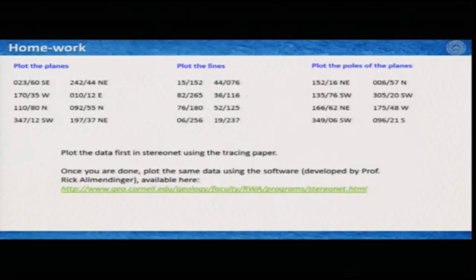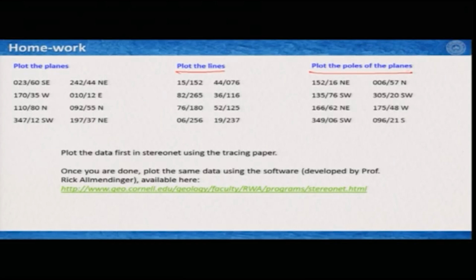Because we are doing it here online, I have just given you some illustrations and some advice on how to plot it, but you can do it sitting at your home or at your classroom. I have given a series of data: 8 data for plotting the planes, 8 data for plotting the lines, and 8 data for plotting the poles of the planes. You do it manually the way I have advised you.